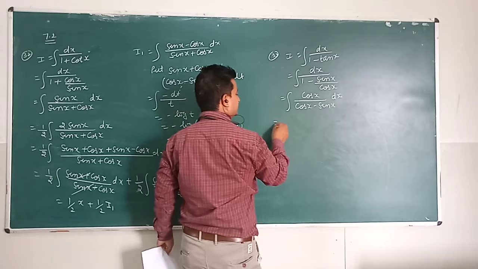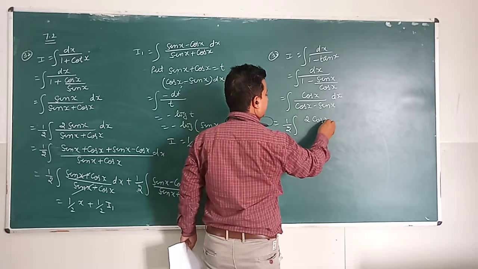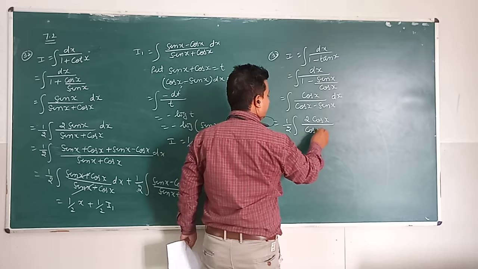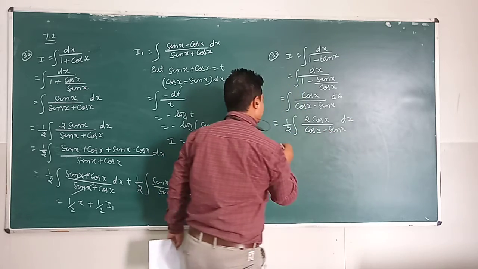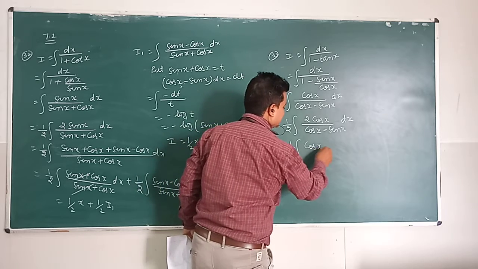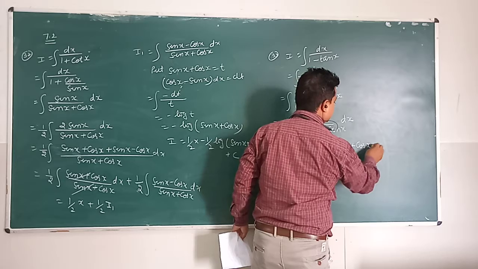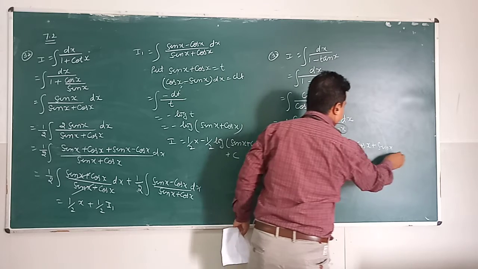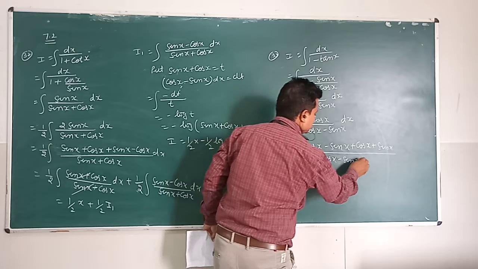sin x. After this we divide this by 2 and multiply this by 2, and writing as in the previous question, 2 cos x as cos x minus sin x plus cos x plus sin x, and this is cos x minus sin x.